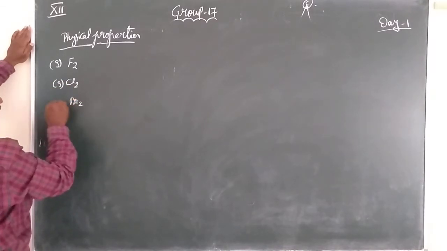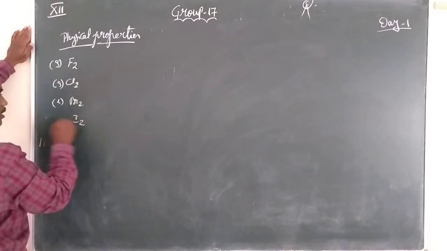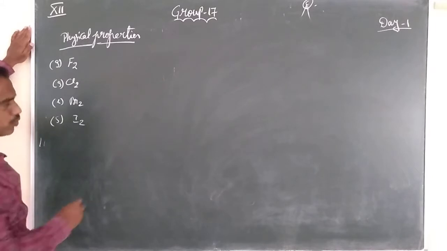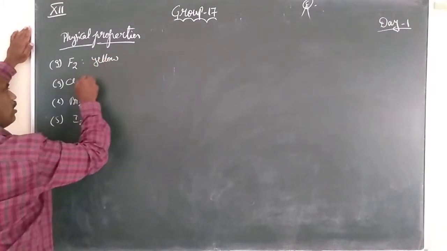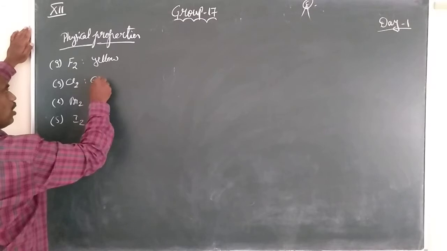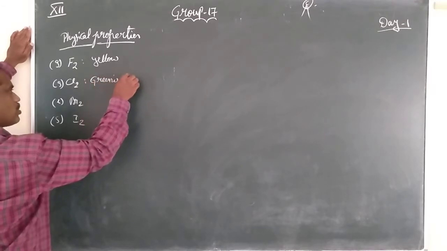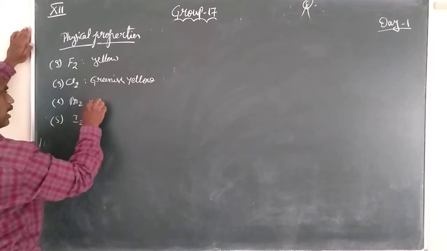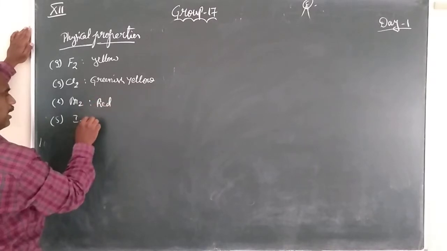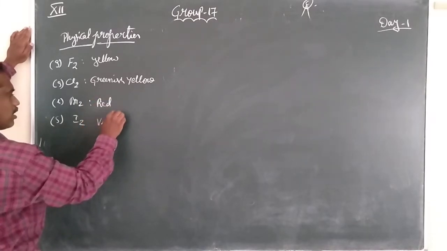Bromine is a liquid. Iodine is a solid. The colors: fluorine is yellow, chlorine is greenish yellow, bromine is red, and iodine is a violet solid.